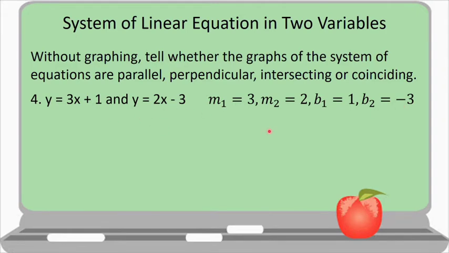Let us take a look at the relationship. m sub 1 is not equal to m sub 2, and b sub 1 is not equal to b sub 2. So if this is the resulting relationship from these two equations, therefore, the system of linear equations in two variables, or the graph of the system, is intersecting.